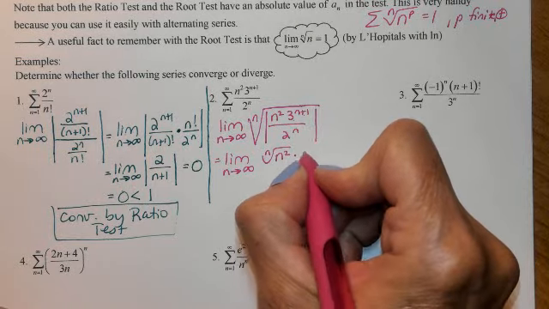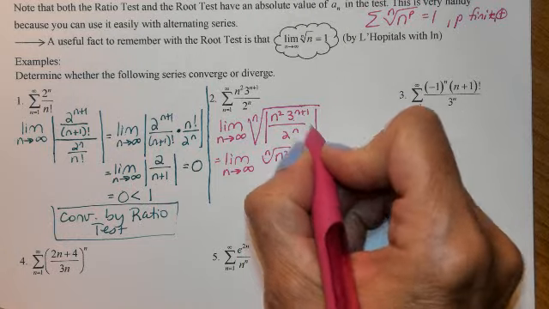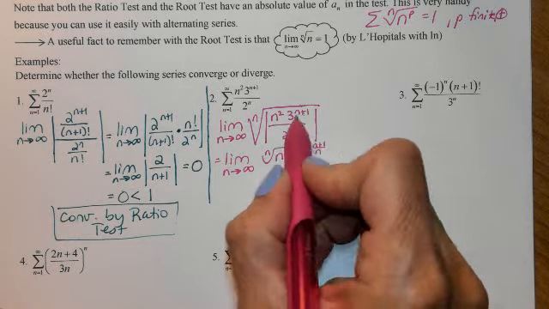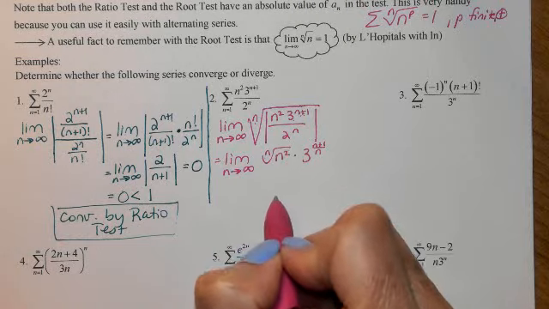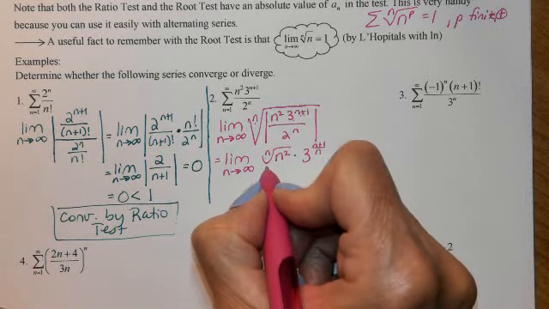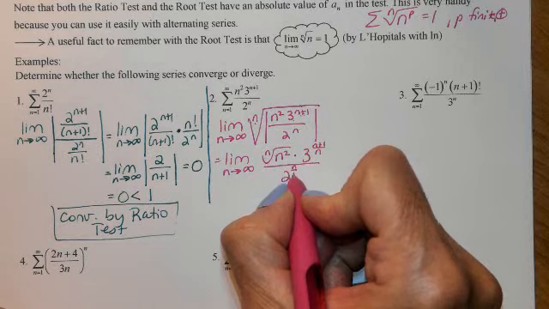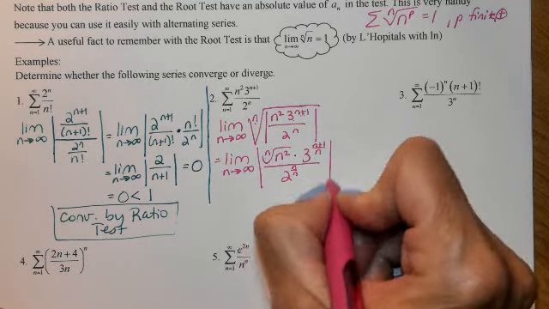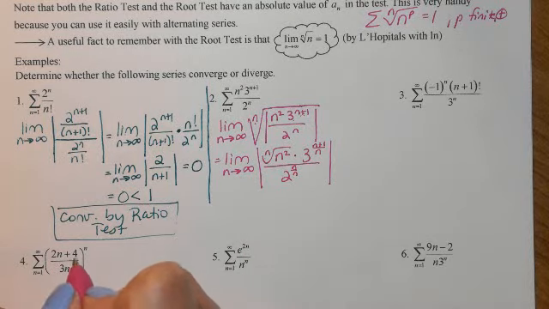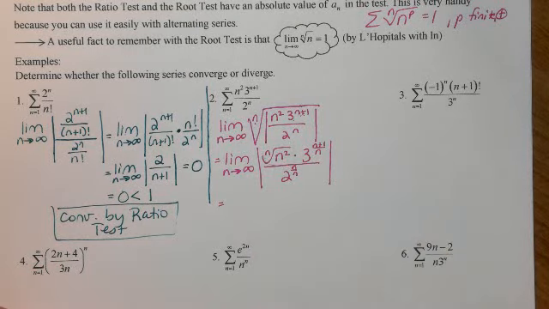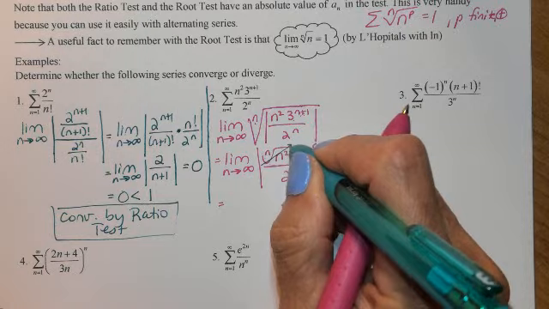I'm going to write that as 3 to the n plus 1 over n plus 1 over n, all over 2 to the n over n. Okay? This piece is going to 1.